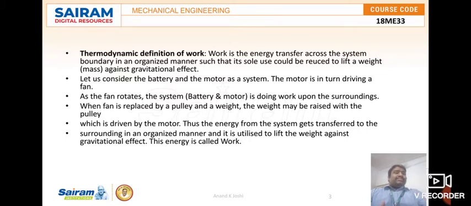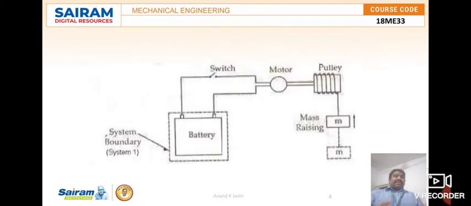So let us discuss with a proper diagram. See here in the diagram, it consists of battery, switch, motor, pulley and weight. Battery and motor we consider as one system, and outside the battery we call the surroundings.